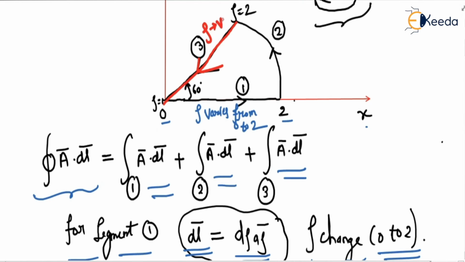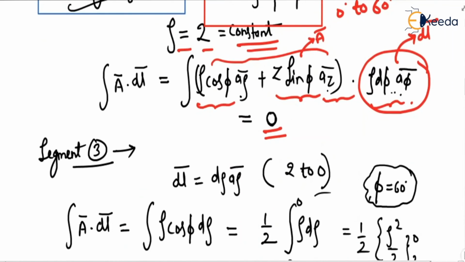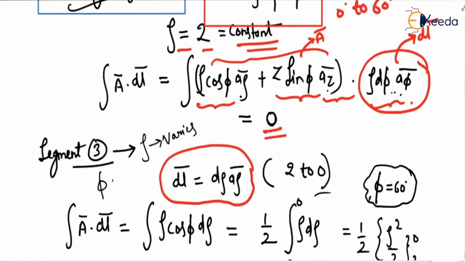So for the third segment, we write dl as d rho a rho, because rho varies, and phi is equal to 60 degrees, which is constant, and rho is varying from 2 to 0.